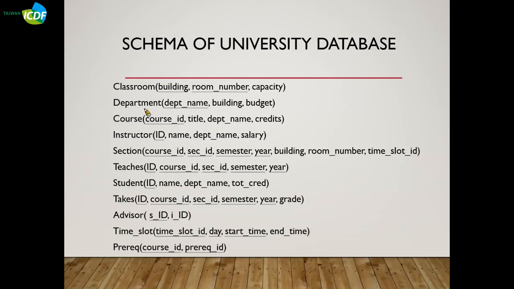As to the course table, the course ID is the primary key, and title, department name, and credits are non-key attributes. Department name is the primary key of department, so we can define department name as the foreign key of the course table, and this foreign key will reference the primary key of the department table.